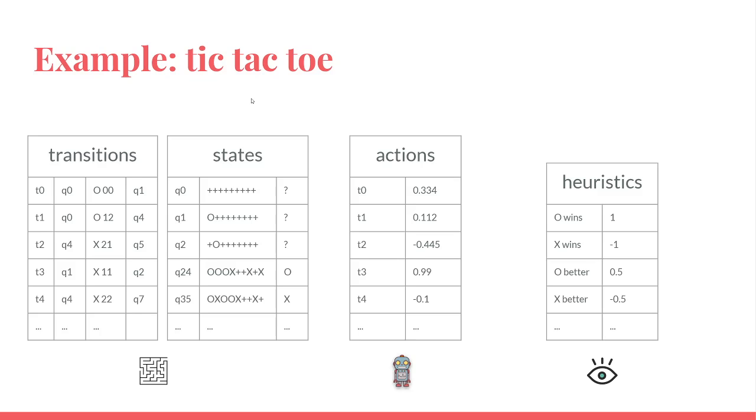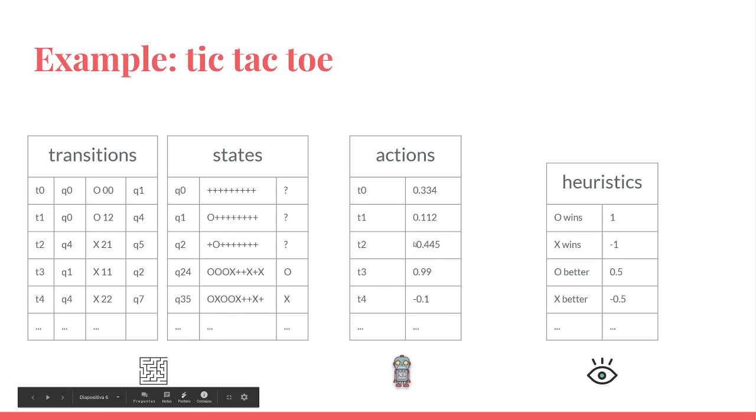For example, I can use this tic-tac-toe game to show what could be a way to represent the information that we should store in each of these tables. These are used to represent the information of the states and transitions, and this should be the ambient.